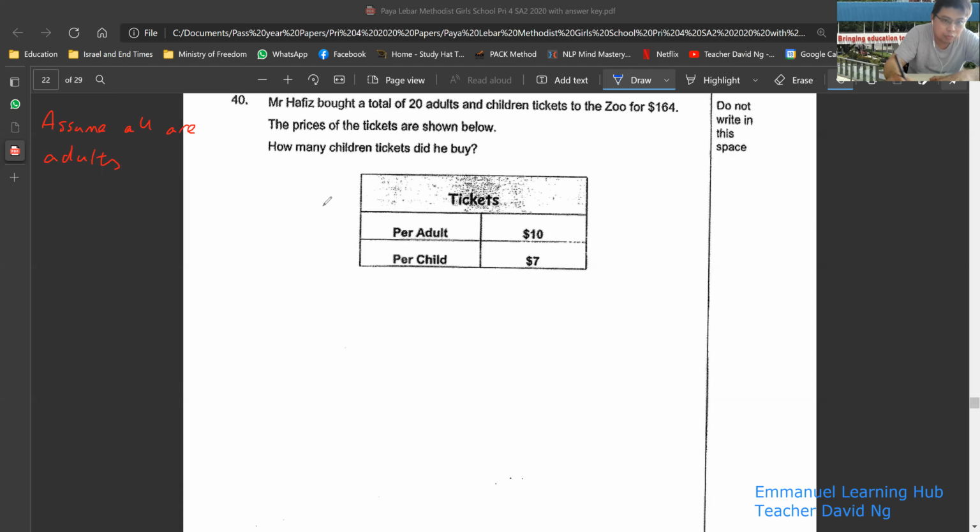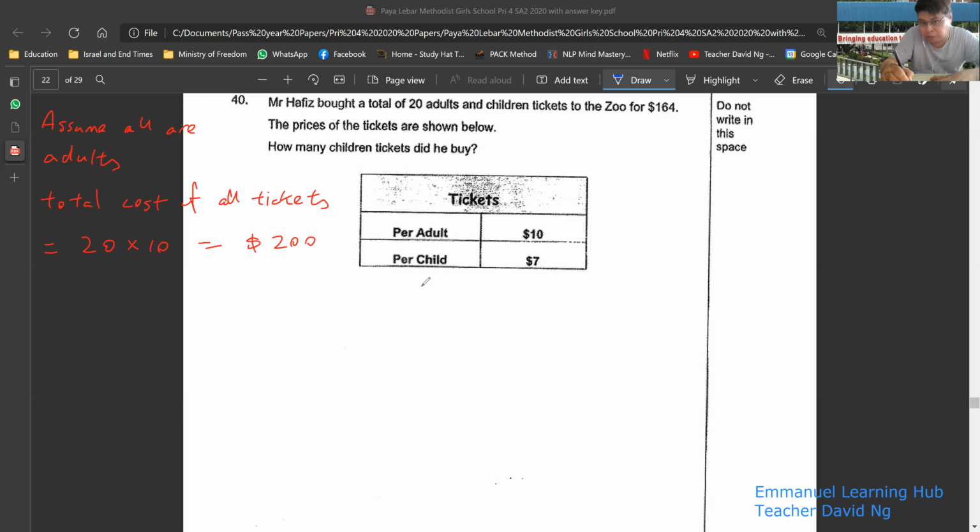Okay. If all are adults, total cost of all tickets would be 20 times 10. Agree? $200.